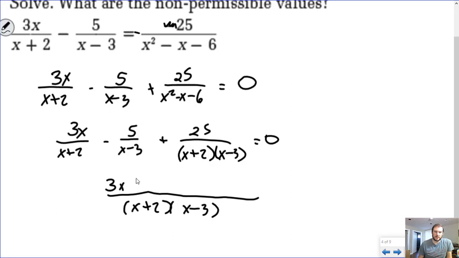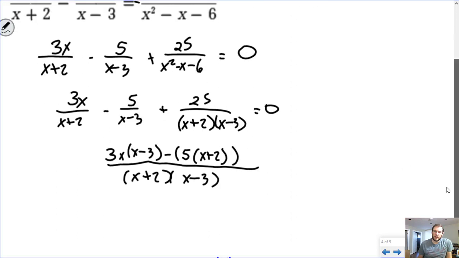So again, we're going to go through and see what everything's missing. The 3x is missing the x minus 3, the 5 is missing the x plus 2, and the 25 isn't missing anything, so it's just going to stay 25. Now I know that x is not allowed to be negative 2 and is not allowed to be positive 3.